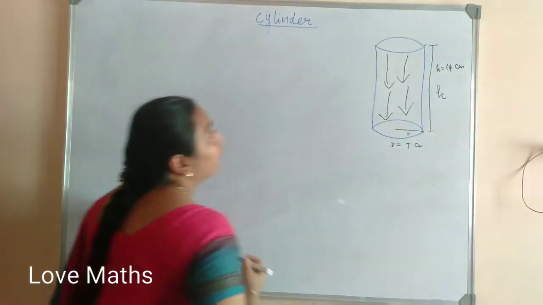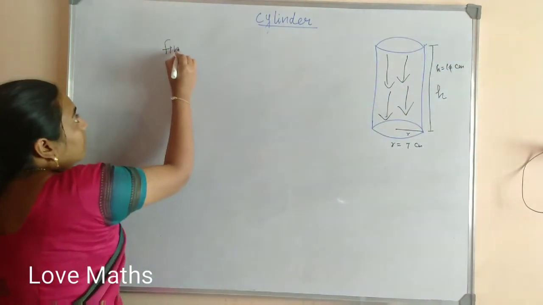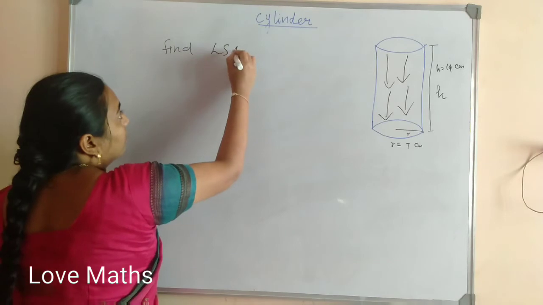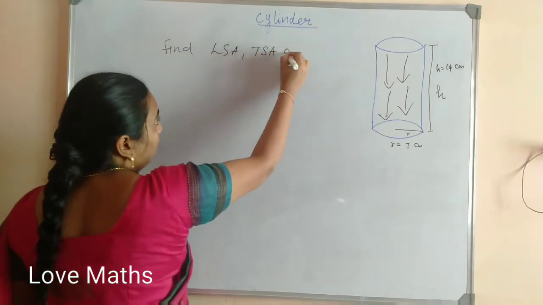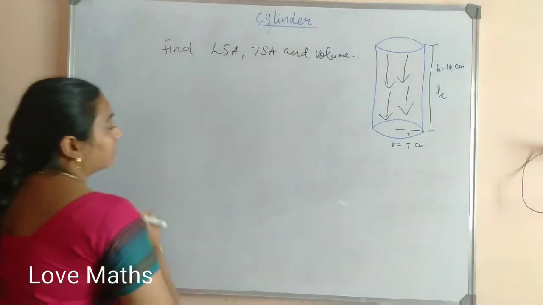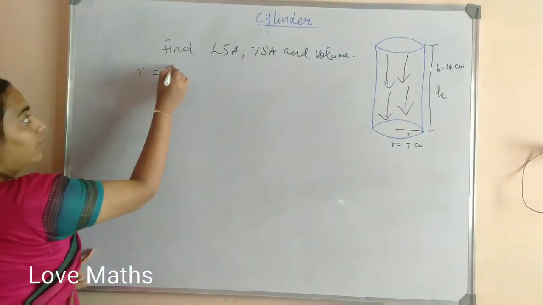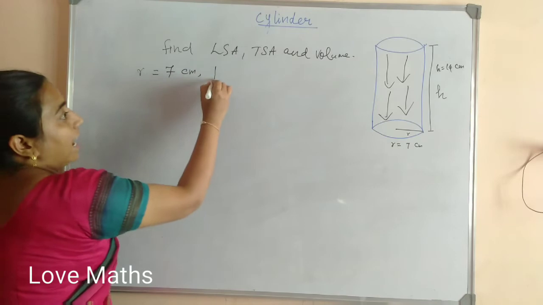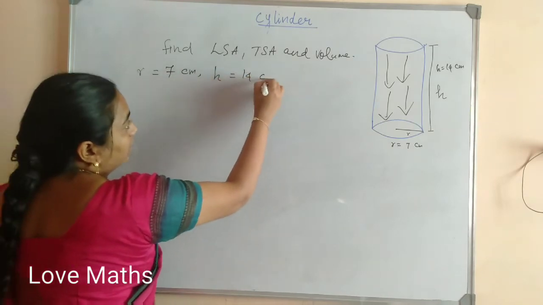So you have to find LSA, TSA and volume. Let us find. First write the given. R is equal to 7 centimeter and H is equal to 14 centimeter.